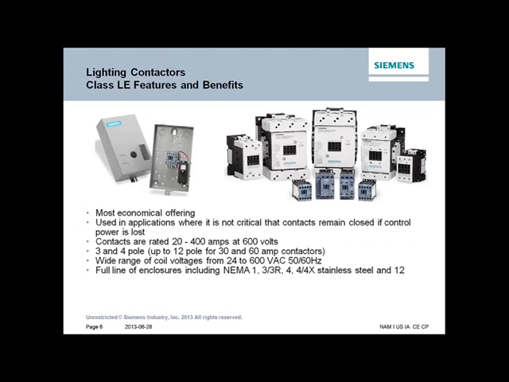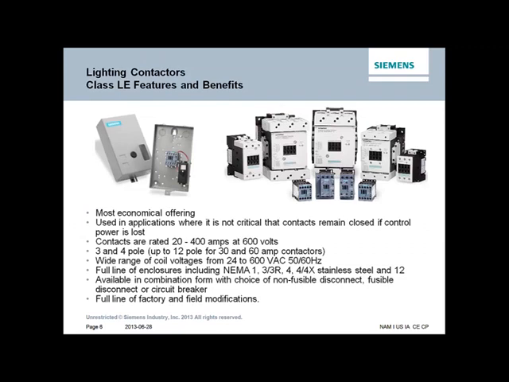The Class LE is available in either a non-combination or combination form, with either non-fusible disconnect, fusible disconnect, or circuit breaker. And they also include a full line of factory and field modifications from a selector switch, push button, pilot light, control relays, CPTs, and so on.